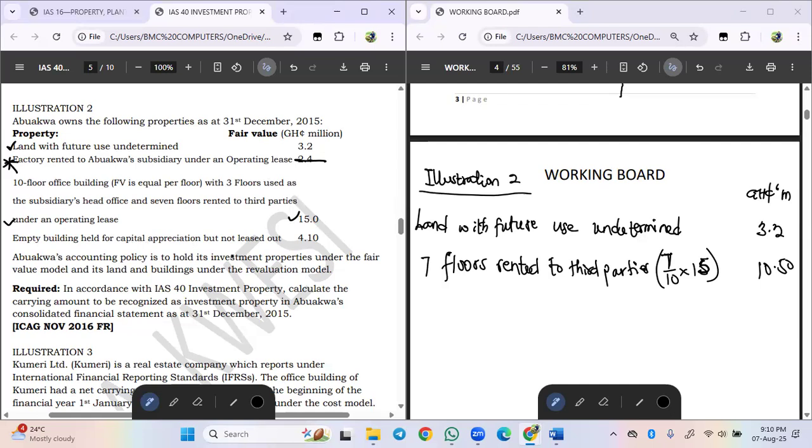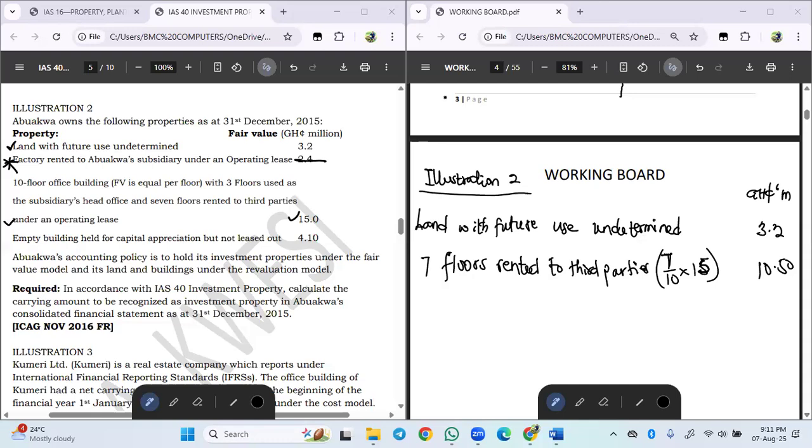Empty building held for capital appreciation but not leased out. Are we adding it? No, I don't think so. I think we should add it.